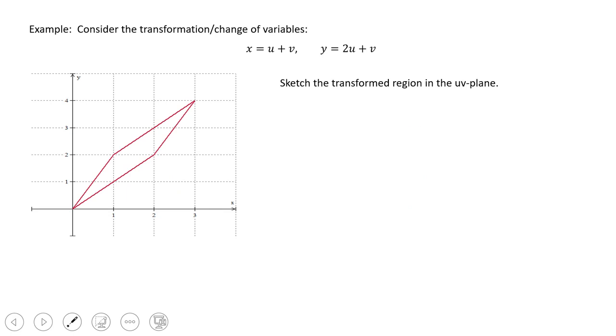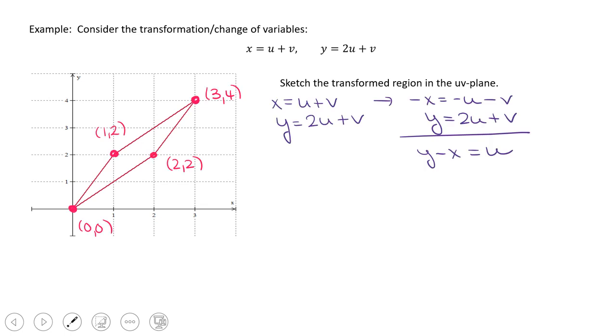So let's try to do something similar for a more generic change of variables. Let's consider the following transformation: x equals u plus v, y equals 2u plus v. Let's see if we can sketch the region that I have drawn to the left, which is in the xy plane. Can we sketch this in the uv plane?